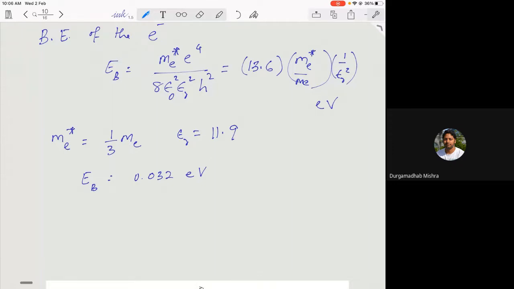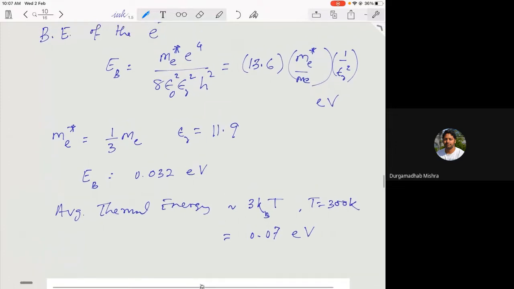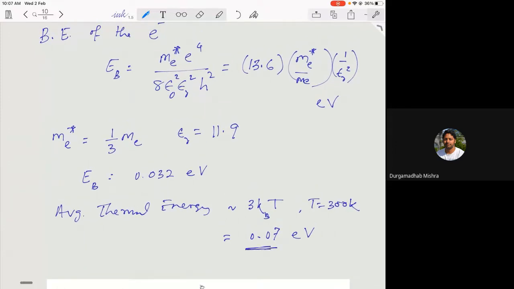But the average thermal energy at room temperature is of the order of 3 kBT. So at room temperature, when T is equal to 300 Kelvin, this energy will be of the order of 0.07 electron volt. That means the thermal energy of the material is much higher compared to the binding energy of the electron, and that's why this electron will be free.